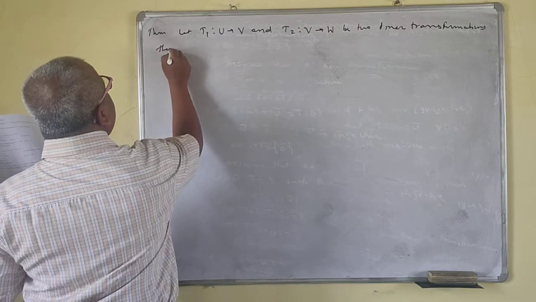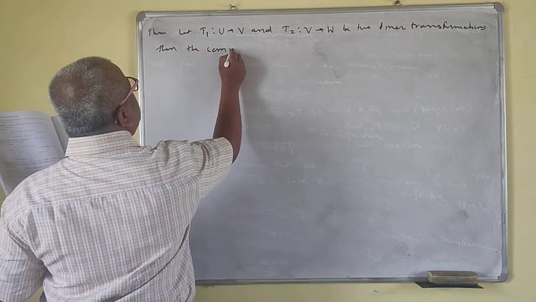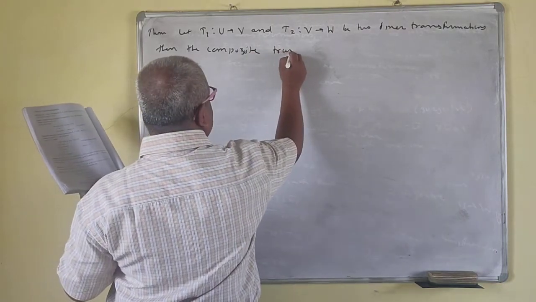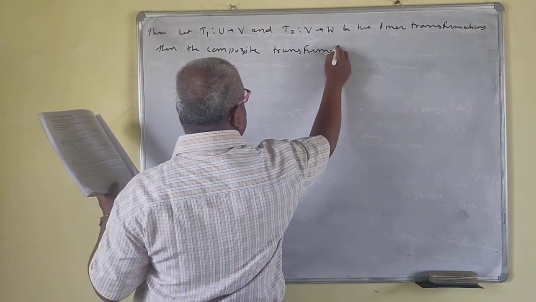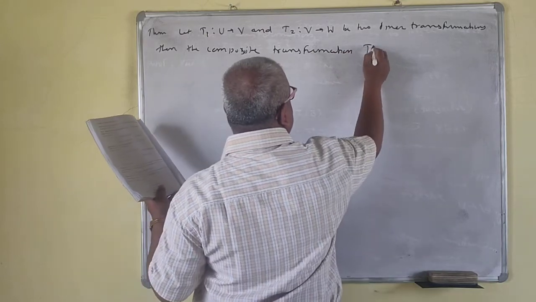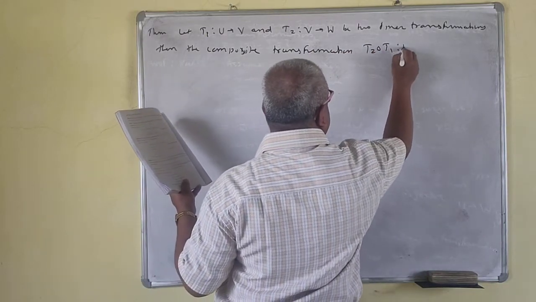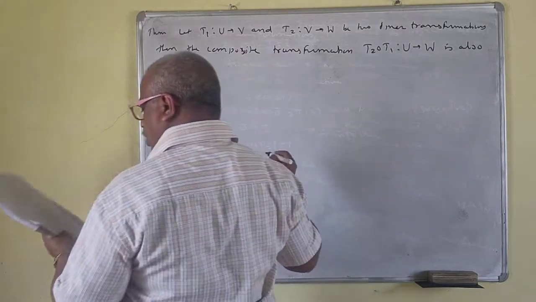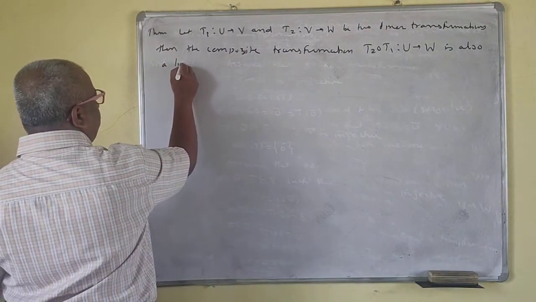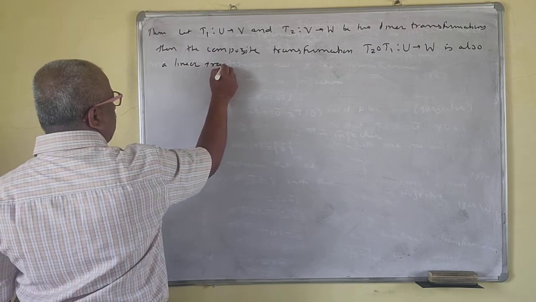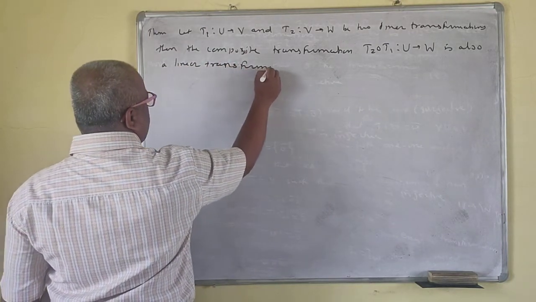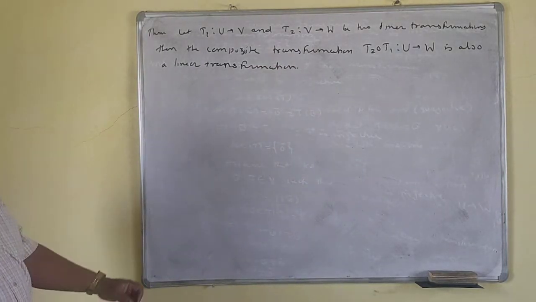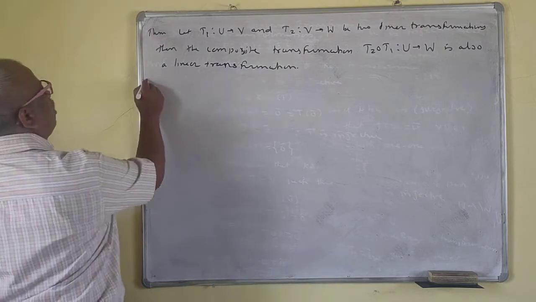Then the composite transformation T2 compose T1 from U to W is also a linear transformation. Okay, the composite of two linear transformations is a linear transformation. So we prove this one.